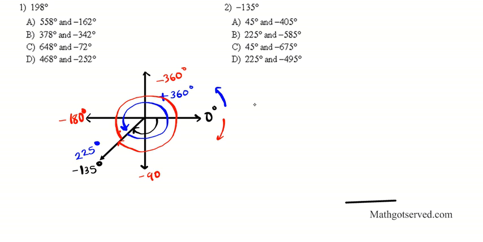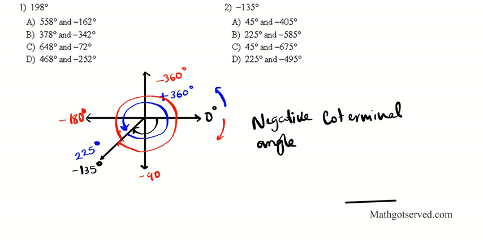So for the negative coterminal angle, you just do negative 135 minus 360. The signs are the same, so you can just add them up and keep the sign. So it's going to be negative 495 degrees.